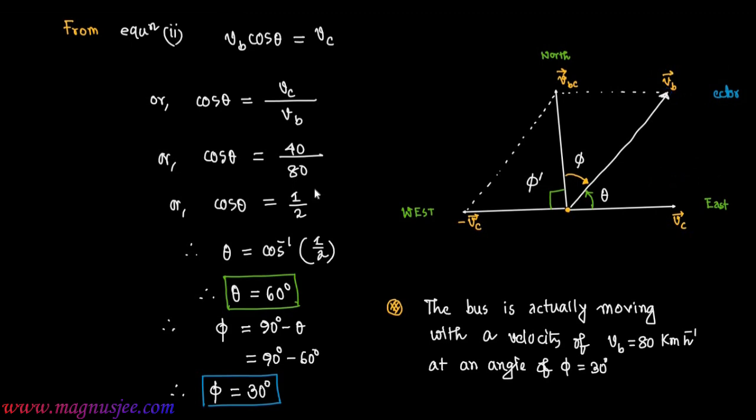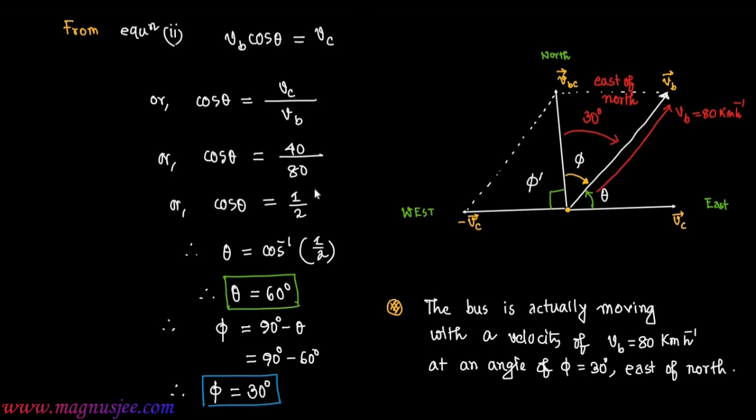Finally, we can say that the bus is actually moving with a velocity of VB equal to 80 km per hour at an angle of 30 degree east of north. In the diagram, vector VB is equal to 80 km per hour at an angle of 30 degree east of north.